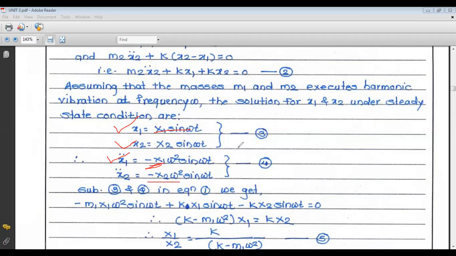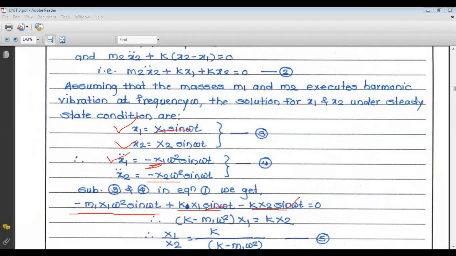Now substituting equations 3 and 4 in equation number 1. What is equation number 1? That is m1 x1 double dot, which is minus m1 X1 omega square sine of omega t, plus k x1, where small x1 is capital X1 sine of omega t, minus k into x2, where x2 is capital X2 sine of omega t.